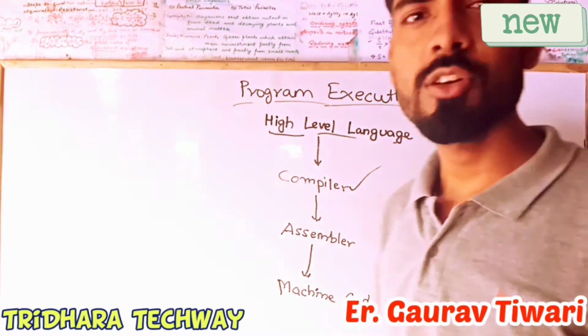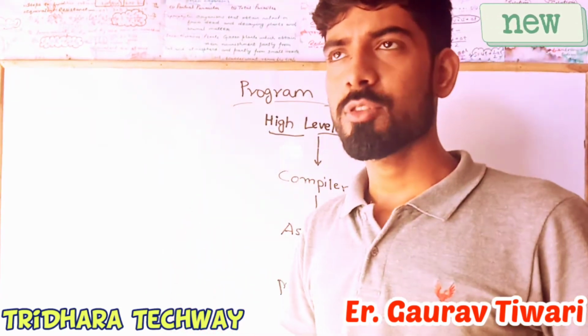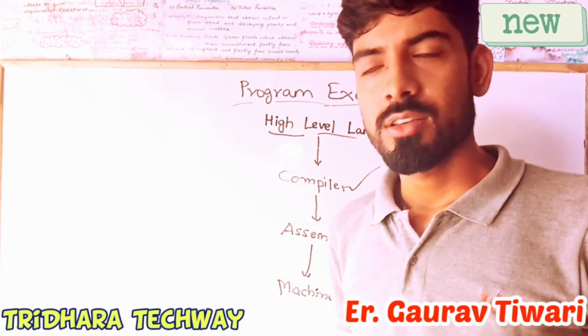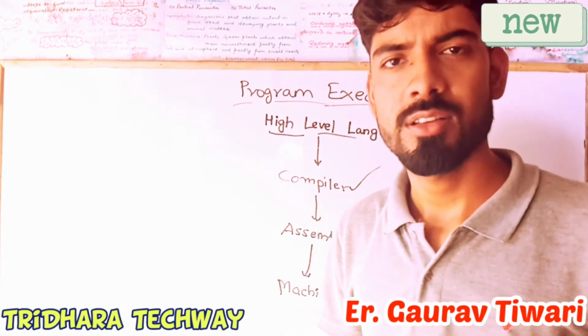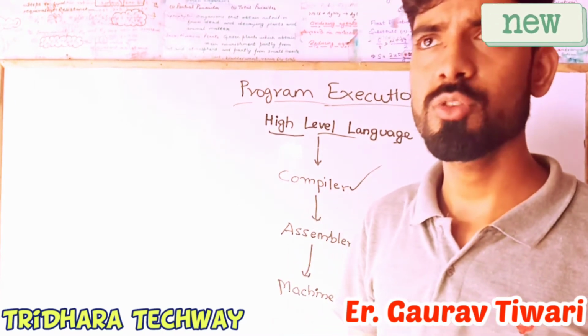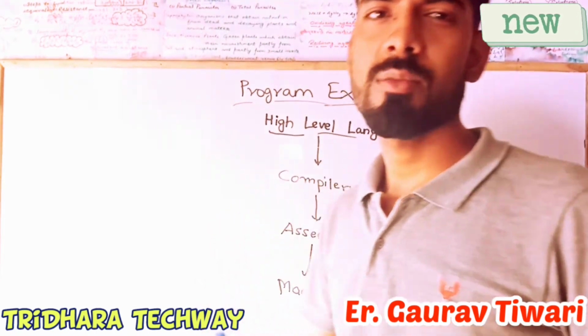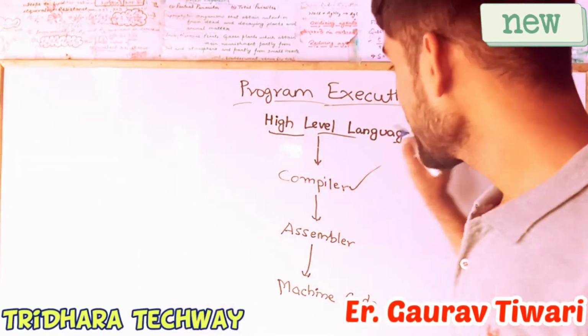After that there is the processor in our laptop and desktop, and the processor interprets these zeros and ones and performs the operations as per the commands given. For that, the required data comes from your RAM and hard disk.